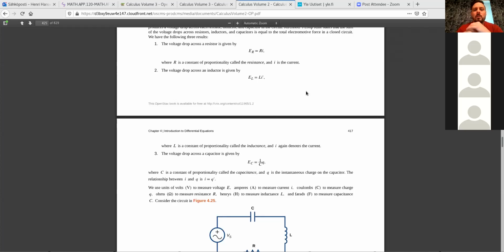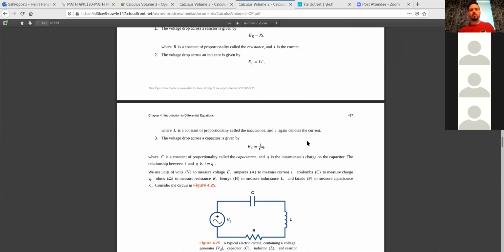This capacitor works in a different way. If there's a flow of current through the capacitor, it doesn't actually flow through it. Instead, the cumulative charge is stored in the capacitor. As more and more charge is stored, the voltage in the capacitor that opposes the flow of the current gets higher and higher.